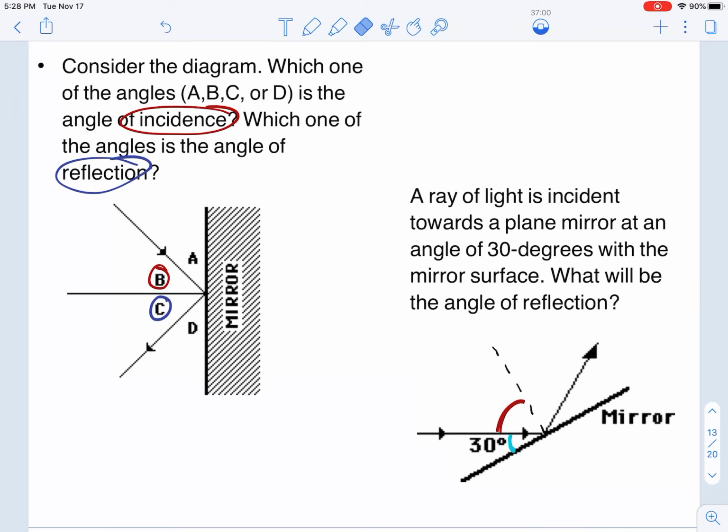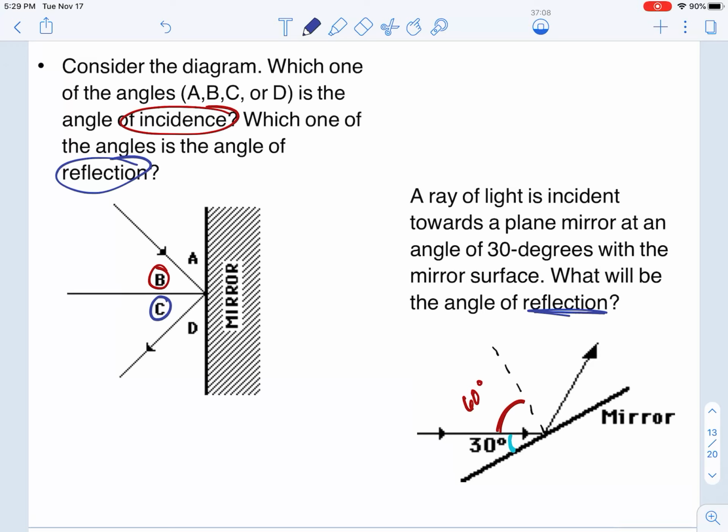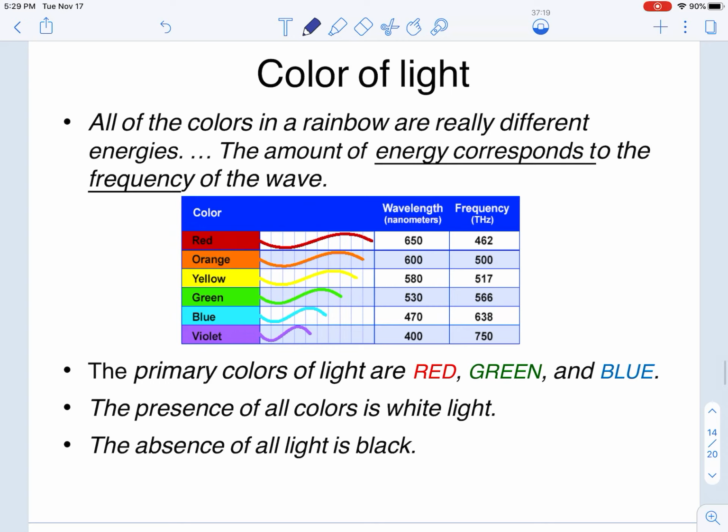So 90 minus the 30 degrees between the mirror and the beam of light makes our angle of incidence 60 degrees. Now this question is actually asking us for the angle of the reflection, but since these two are always the same, then it's also an answer of 60.